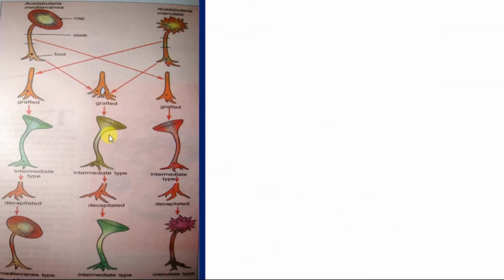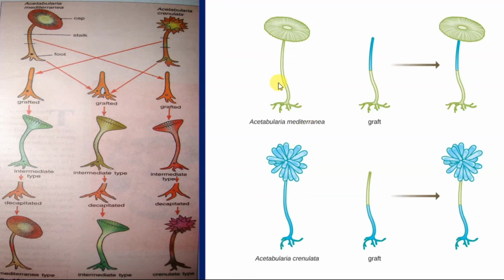This developed intermediate type is because the grafted parts contain the nucleus of both Acetabularia mediterranea and Acetabularia crenulata. But as you can see, look at how the grafts were performed and what the end products of this grafting are. Again, you graft some of the stalk of Acetabularia crenulata and put it onto Acetabularia mediterranea.